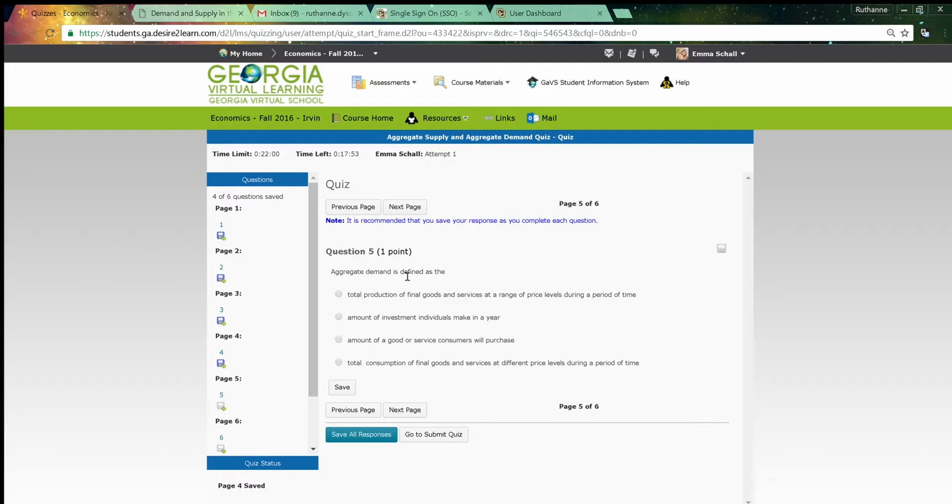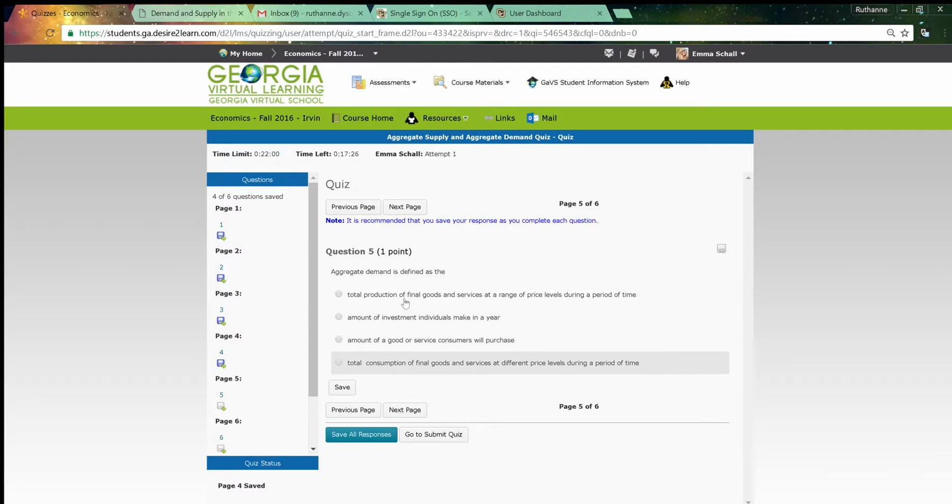Aggregate demand is defined as the total production of final goods and services at a range of price levels during a period of time, amount of investments individuals make in a year, amount of a good or service consumers will purchase, total consumption of final goods and services at different price levels during a period of time. So let's see.